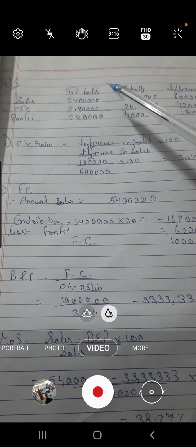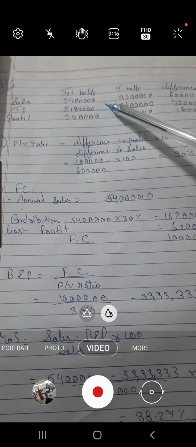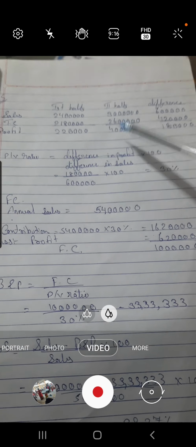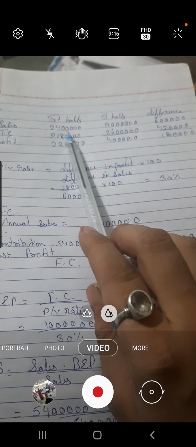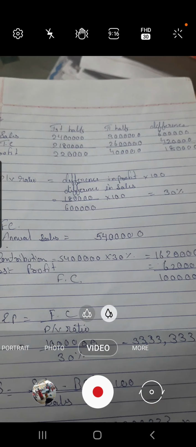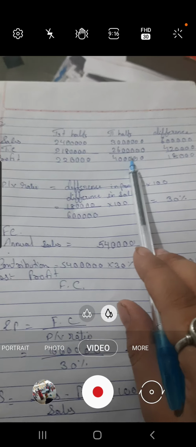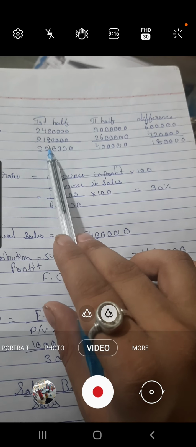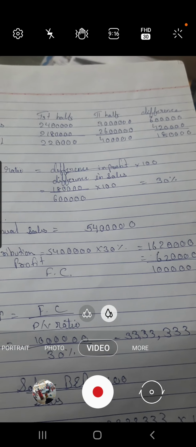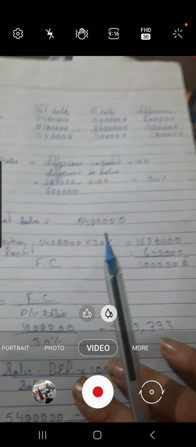We will deduct the total cost from sales, that is sales minus total cost, and find out the profit for the first half and second half. 24 lakh minus 3 lakh minus 24 lakh will give 6 lakh as the answer, and 26 lakh minus 21 lakh 80,000 will give 4 lakh 20,000 as the answer. And the difference total will be 1 lakh 80,000.